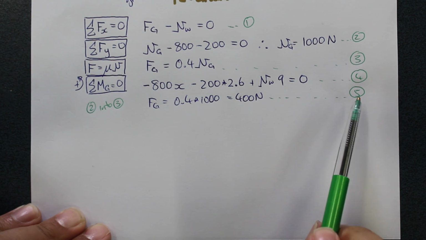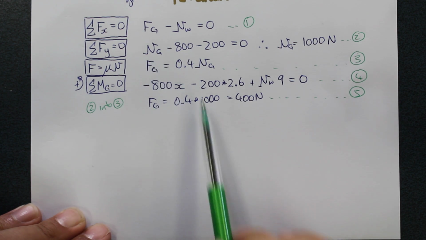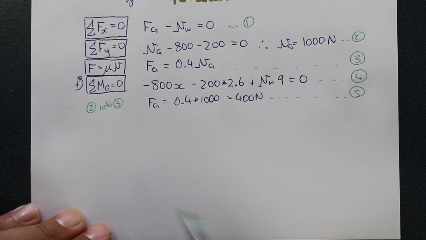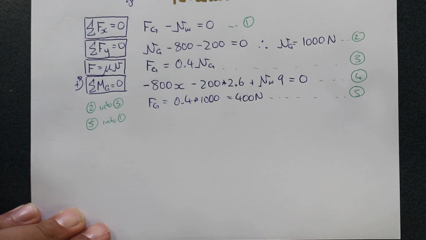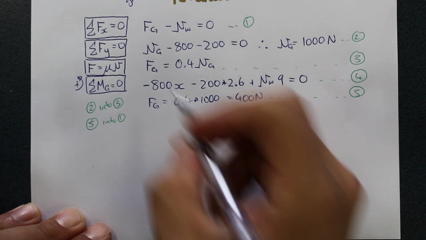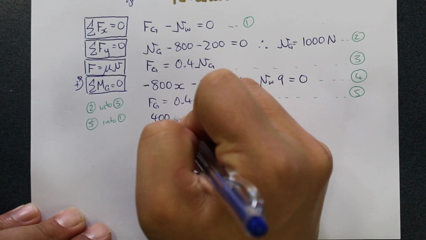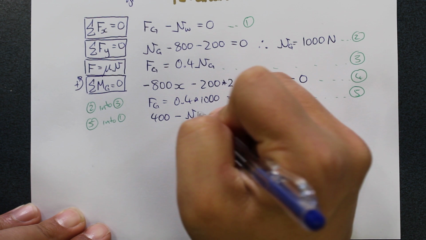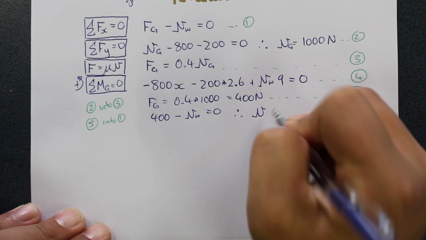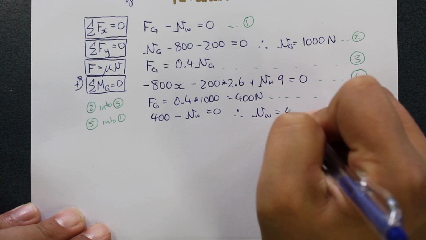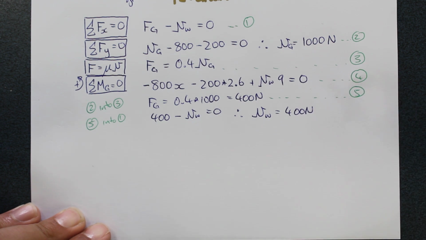We can substitute equation 5 into equation 1. There we get 400 newtons minus Nw equal to 0. So therefore the normal reaction from the wall is equal to 400 newtons.